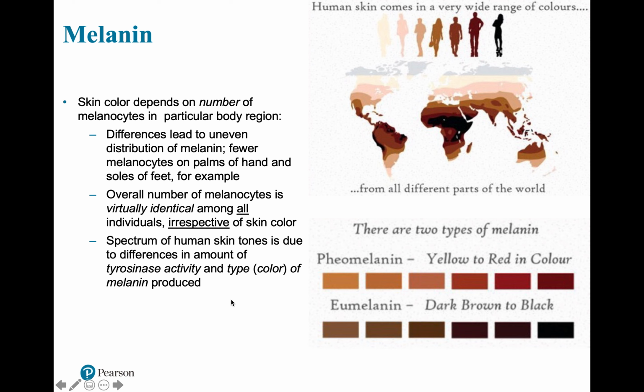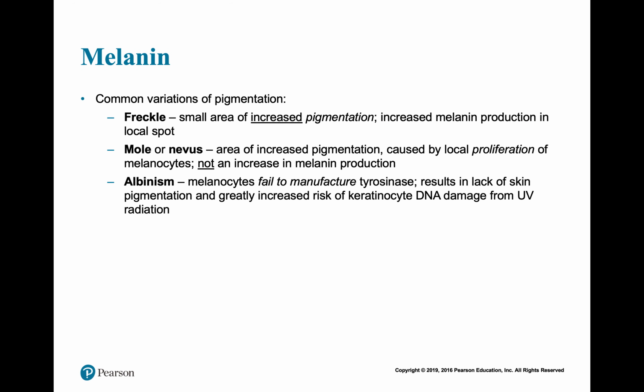So your skin tone is determined not by the number of melanocytes, but by the tyrosinase activity of your melanocytes, meaning how much melanin actually gets produced. Do you have more melanin or less melanin being produced? And then the type of melanin, whether it's pheomelanin or eumelanin. But we all have pretty much identical numbers of melanocytes, so that's an interesting fact.